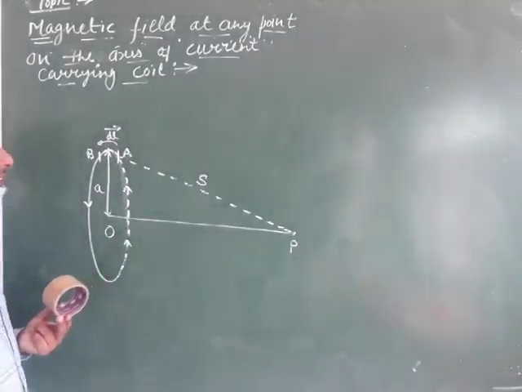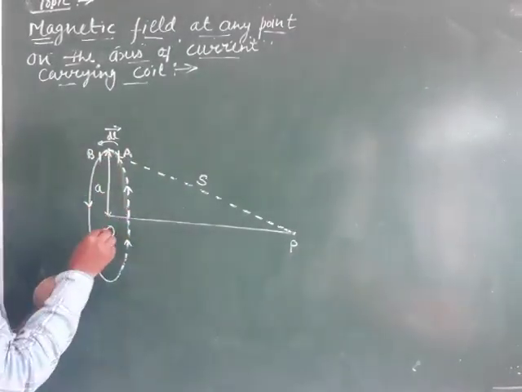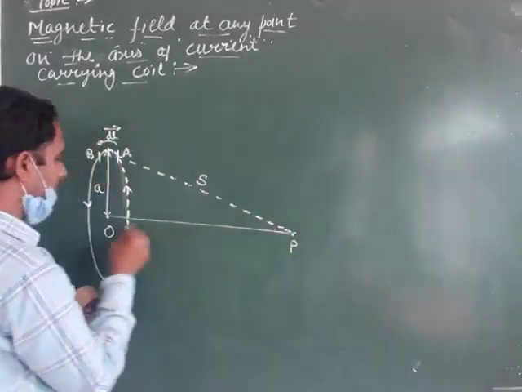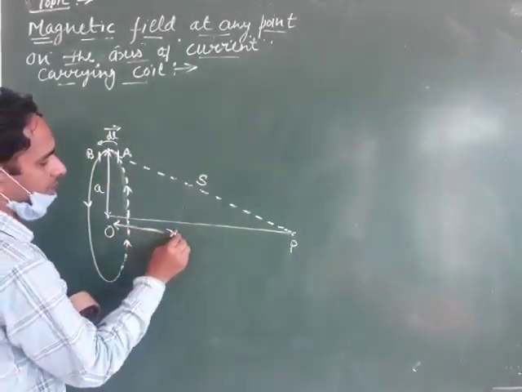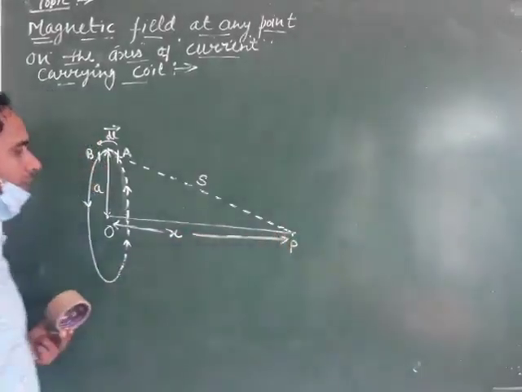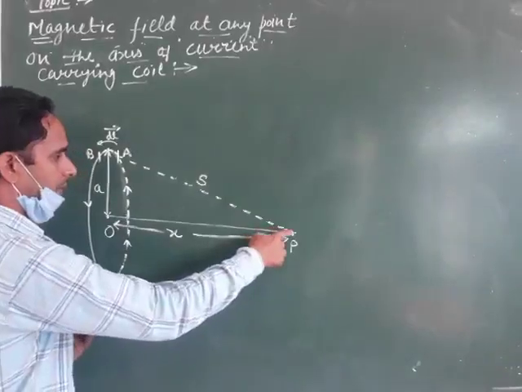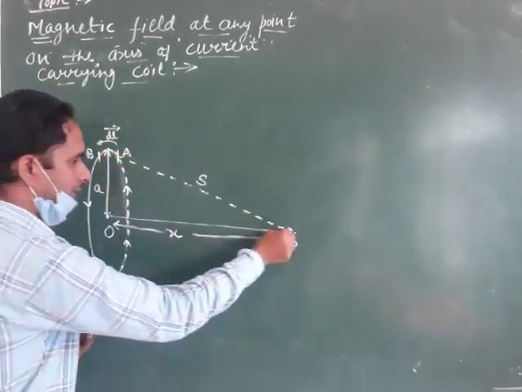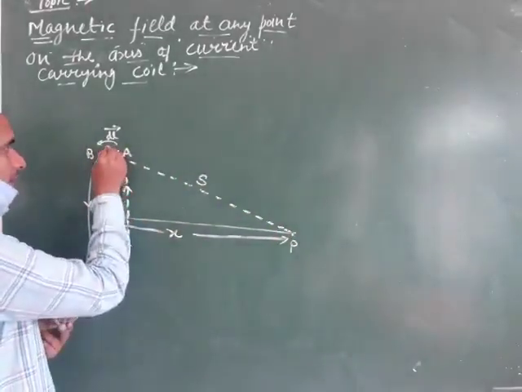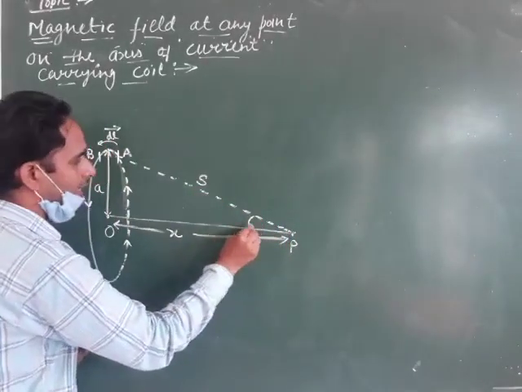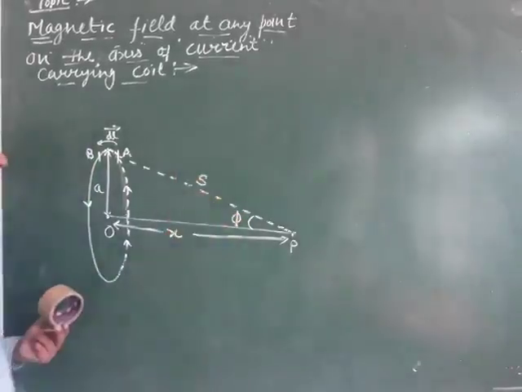The radius of this coil is a, and the distance from the center of the coil to point P is x. This line makes an angle, suppose phi, with the axis.